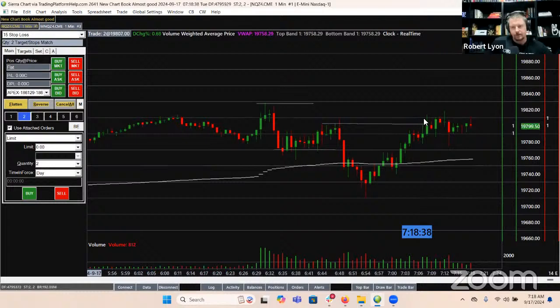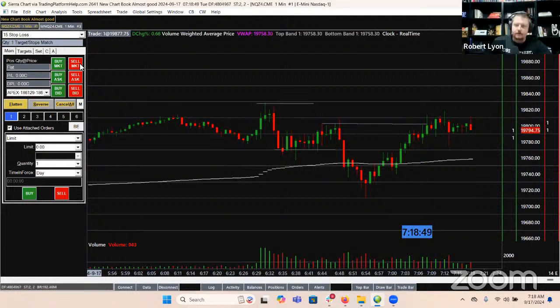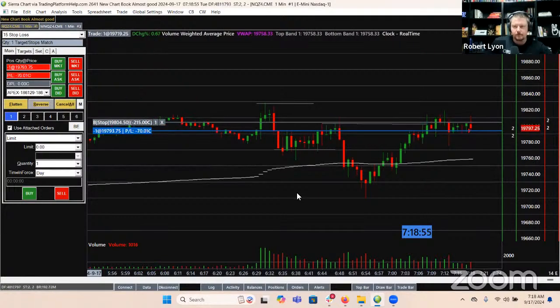You see these lines, this one bounced up, big move down. We tried to come back up again, and then we're probably going to have another big move down. It's just not really painting the picture. We want to see it do more clean moves, but nothing is very clean today. There's just not a lot of momentum.